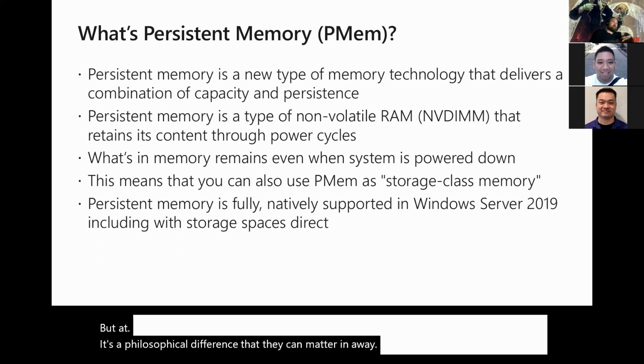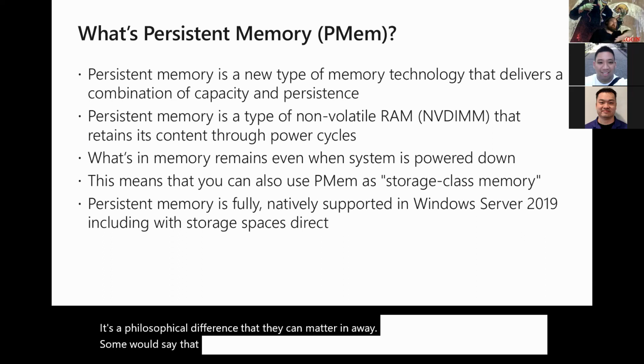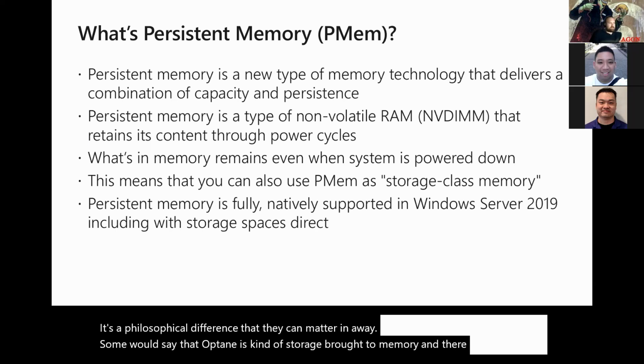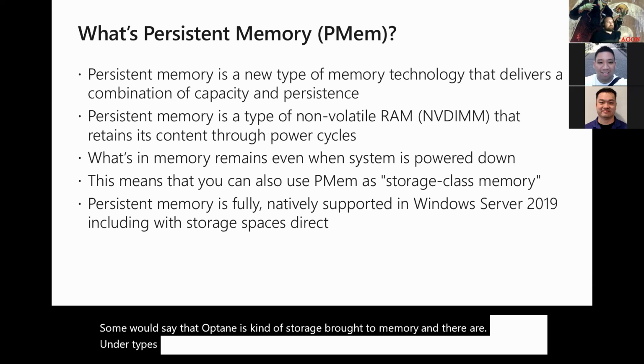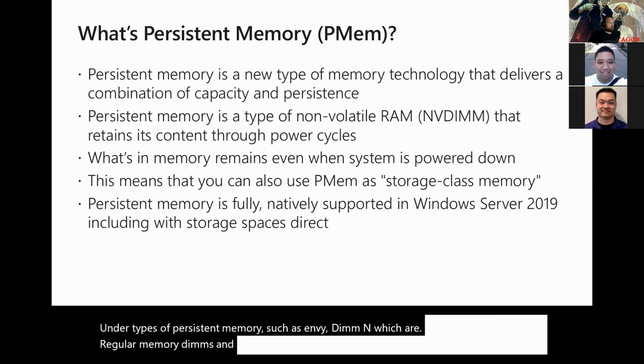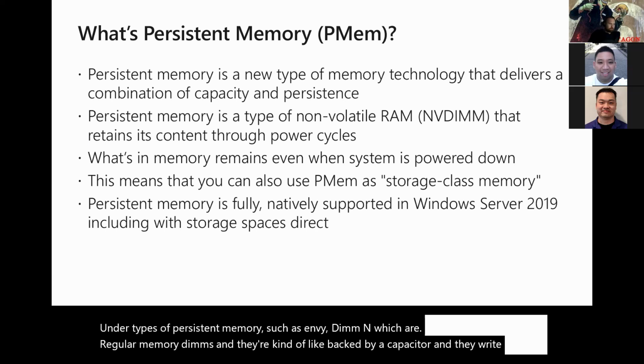Some would say that Optane is kind of storage brought to memory, and there are other types of persistent memory, such as NVDIMM-N, which are regular memory DIMMs backed by a capacitor, and they write to NVMe.